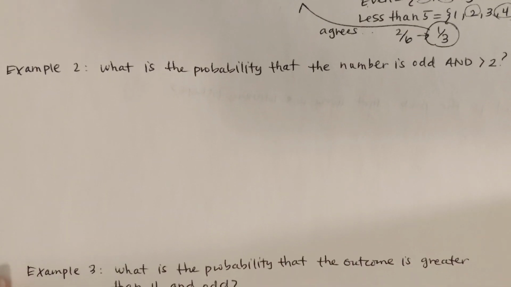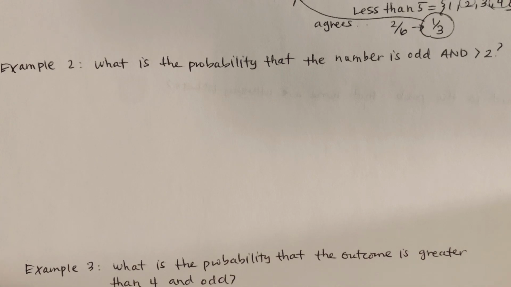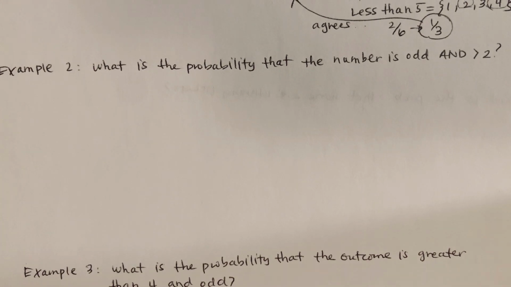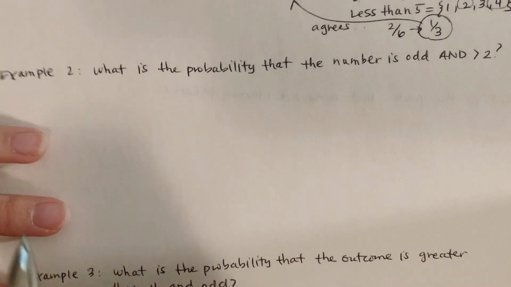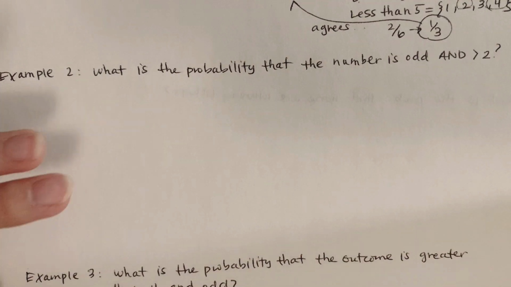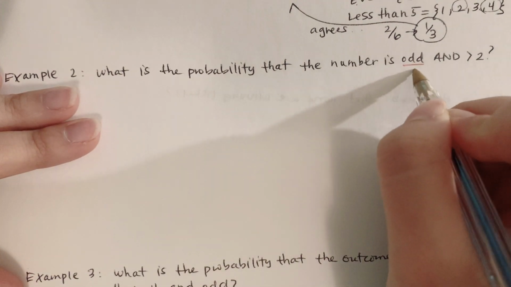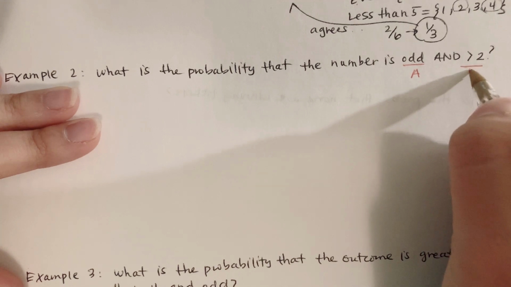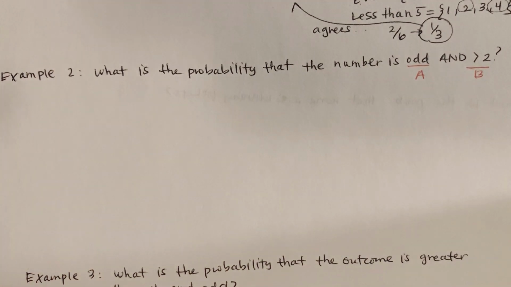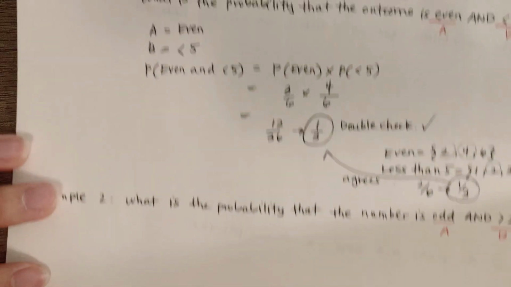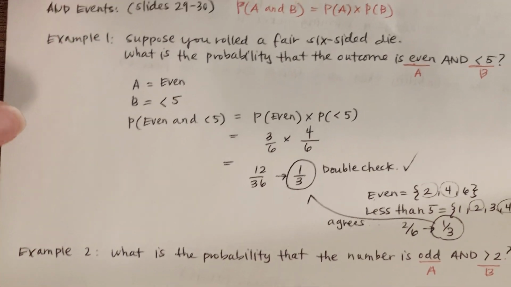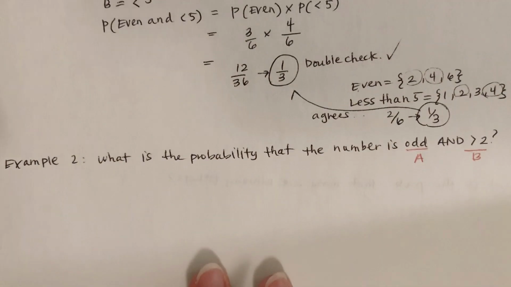Moving on to the second example on slide 29, what is the probability that the number is odd and greater than 2? So again, let's say that odd is event A, greater than 2, let's call that event B. So without writing everything out like this, I'm just going to go ahead and plug it into the formula.